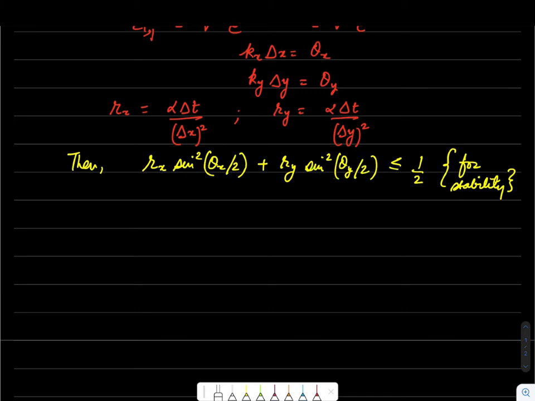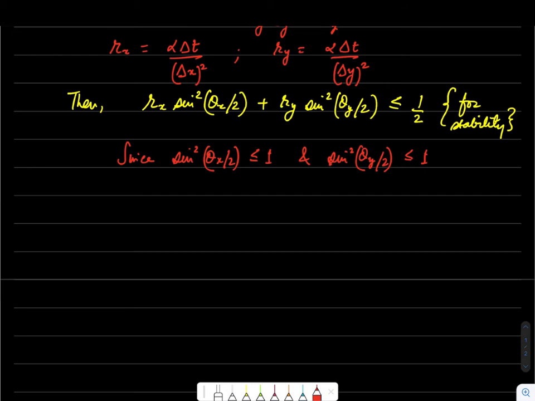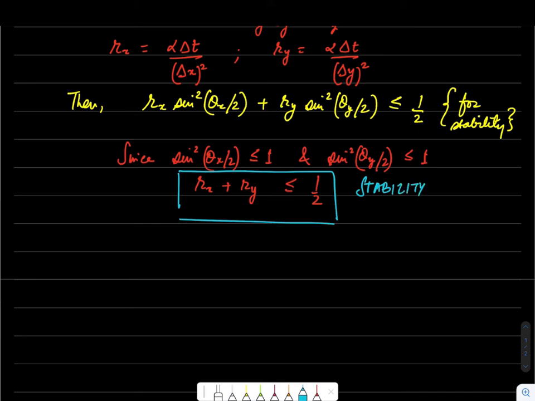So since sine squared(theta x by 2) is less than or equal to 1 and sine squared(theta y by 2) is also less than or equal to 1, clearly the criterion for stability could be written as rx plus ry is less than or equal to 1 by 2. So that would be the stability criterion in a two-dimensional explicit formulation.